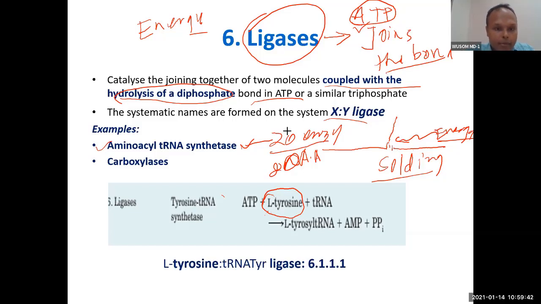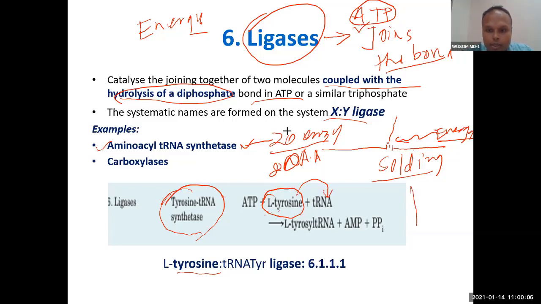Let's see this enzyme, amino acid tRNA, here tyrosyl tRNA synthase. What is tyrosine? What this enzyme does is it adds tyrosine to tRNA.